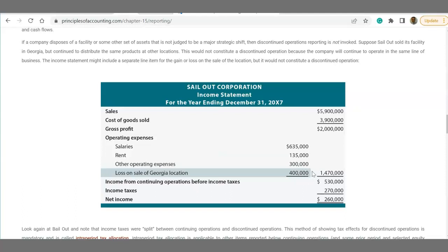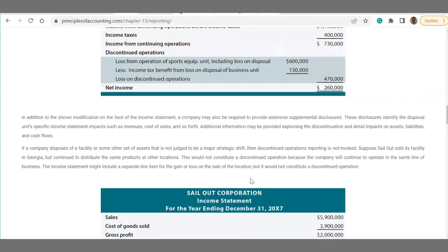And in that case, you have just income from continuing operation before tax of $1,470,000. One thing that I normally do, and here is not showing, is you show the salaries, rent, other expenses, just like this.